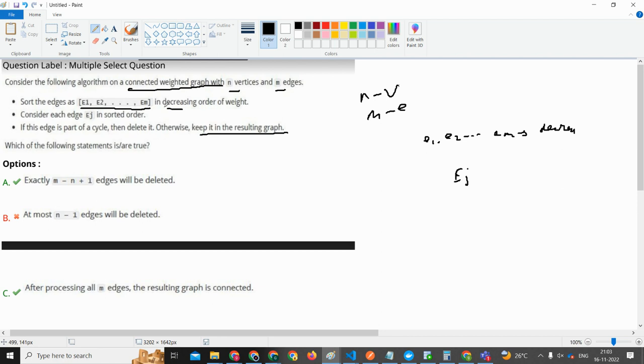But still, it'll be called MCST. That was interesting. Did you understand what we are talking about? We have to find the maximum cost spanning tree. So what is it saying?